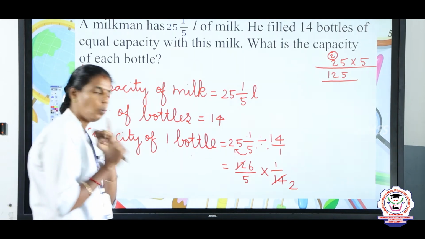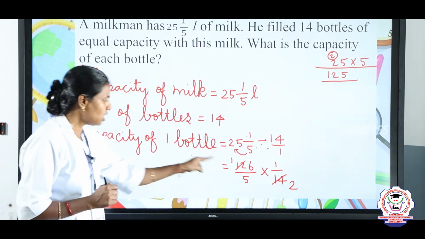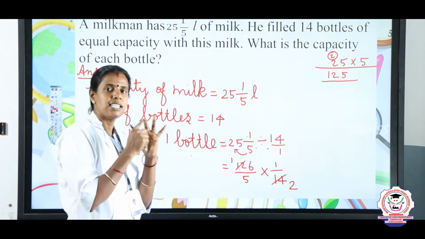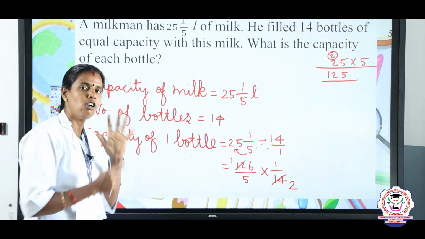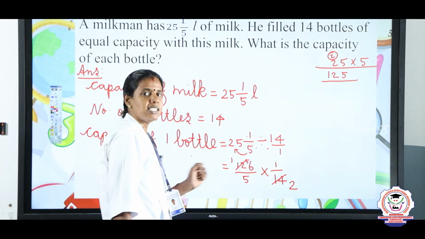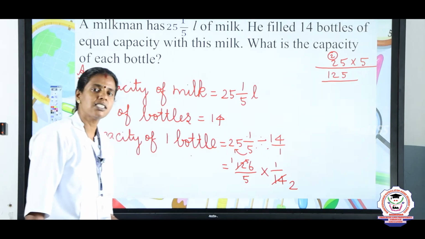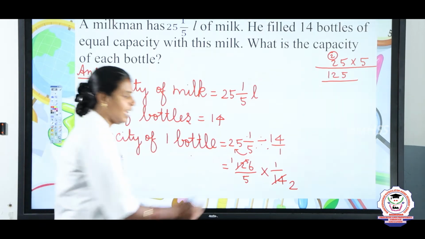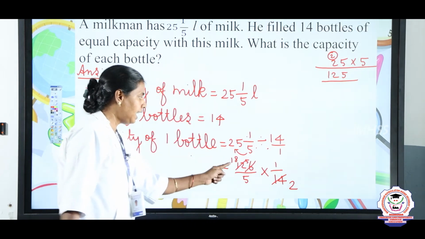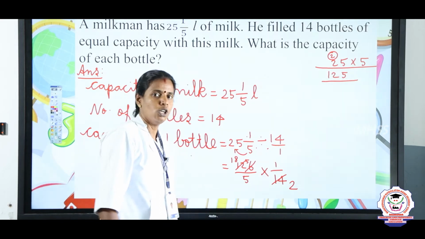So, we are going to take 1 time. 7 1s are 7. So, what is remaining? After 7, 8, 9, 10, 11, 12. So, 5 is the remaining. Now, 5 will be joined with this as 56. Now, how many times 7 in 56? Yes, 7 8s are 56. So, 18 into 1, and the denominator is 5 into 2.